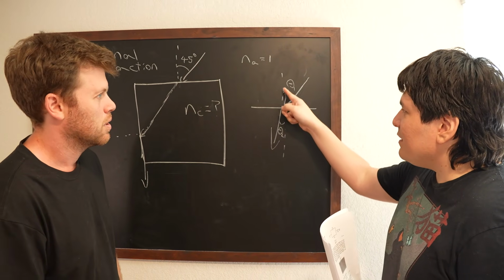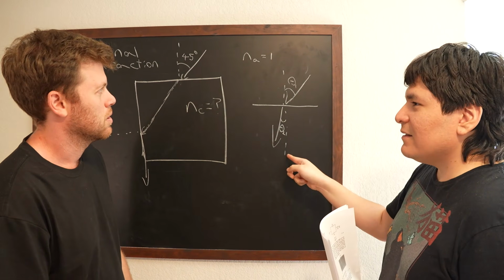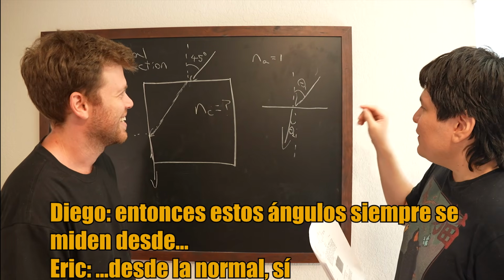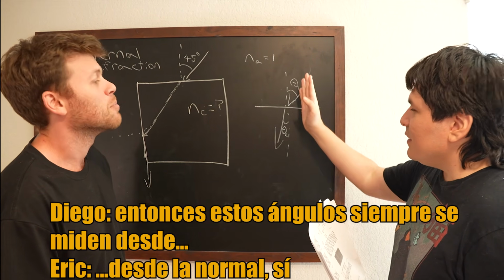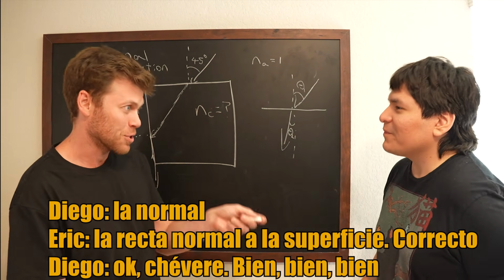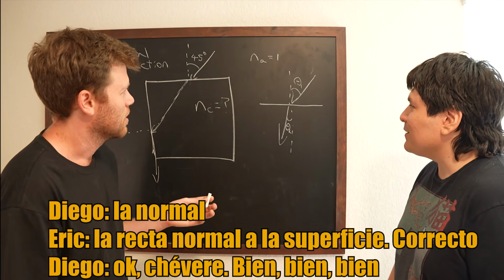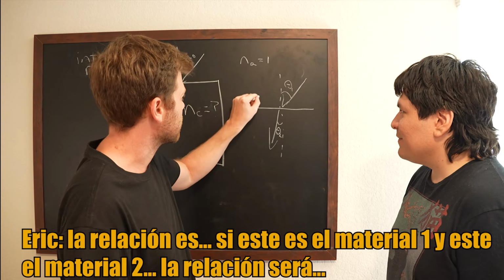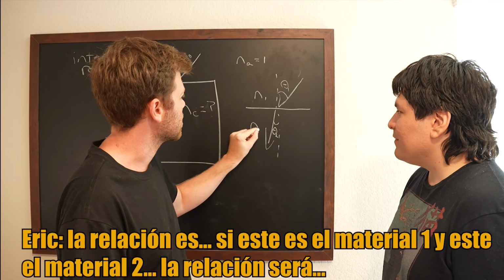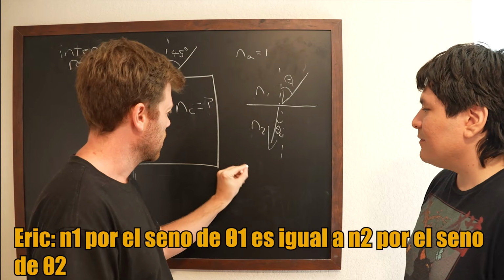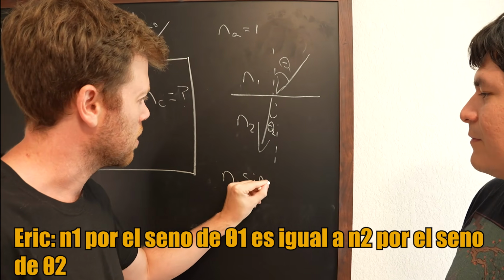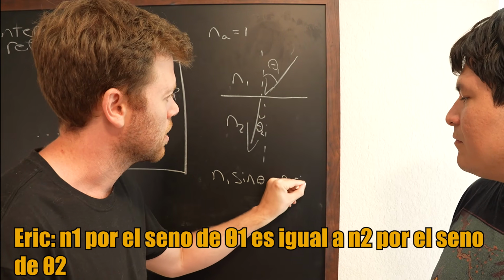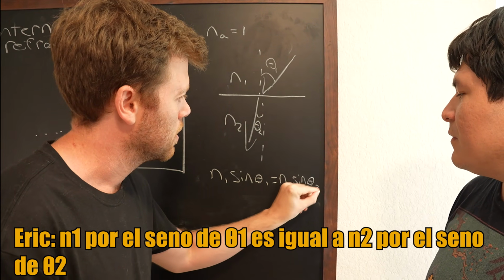Y el ángulo se mide desde esta línea vertical. You're gonna have to say that. But I'm sorry, do you always measure these angles from the normal? Yes. The normal of the surface. That is correct. Okay, cool. So the relationship is always, if this is material 1, this is material 2, it'll always be n1 sine theta 1 is equal to n2 sine theta 2.